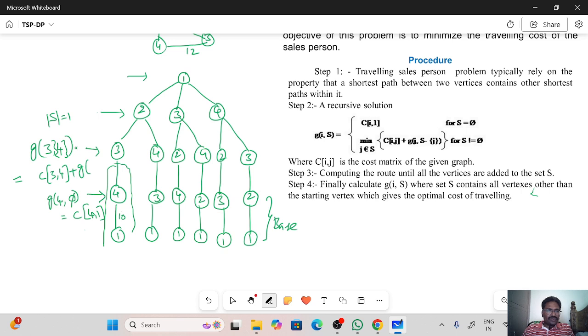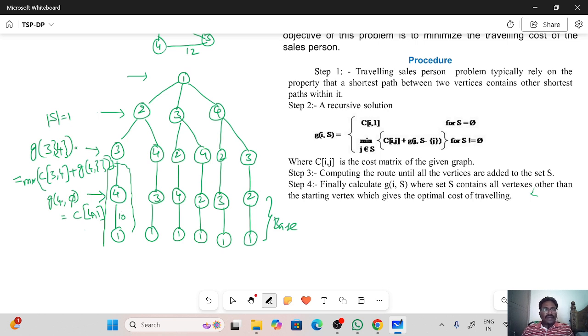Which vertex have we chosen? 4, nothing but from 3 we reach 4. From that set we remove this 4, which gives the empty set. If you have more than 1 vertex, then we apply the minimum of these. So that is our recursive formula.